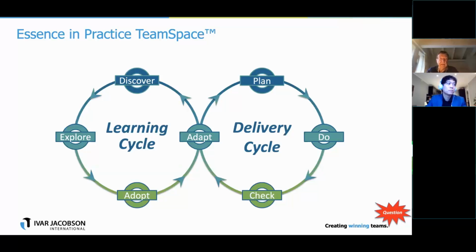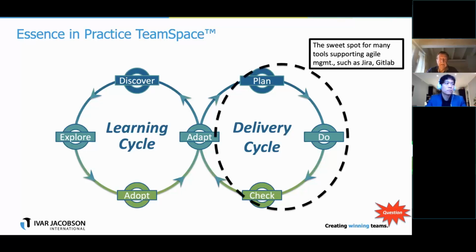All these steps are involved in TeamSpace, but the most famous tools we have today are tools supporting agile management, for instance, Jira, GitLab. These tools are instance management tools, so they deal with the small things, but they don't help you with a big picture.